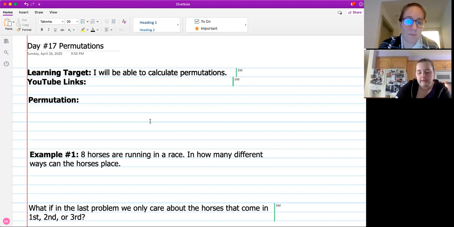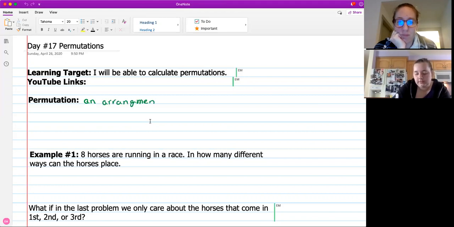This is building off of yesterday and off of that counting principle. Yesterday we talked about how many ways you can combine things with the sandwich, like the 120 different ways of having that meal.